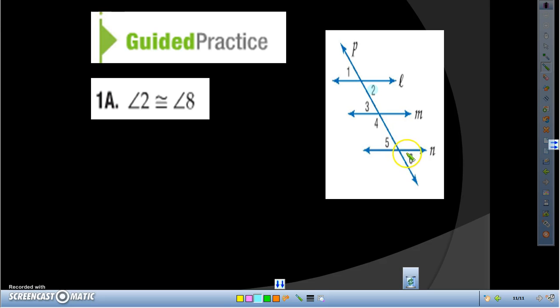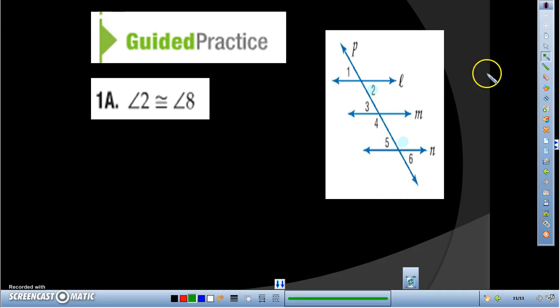So we're going to say that angle 8 is located, this was 6, probably, let's call angle 8 right there. Okay. I don't know if this is a typo or what, but we're going to call angle 8 that angle right there.